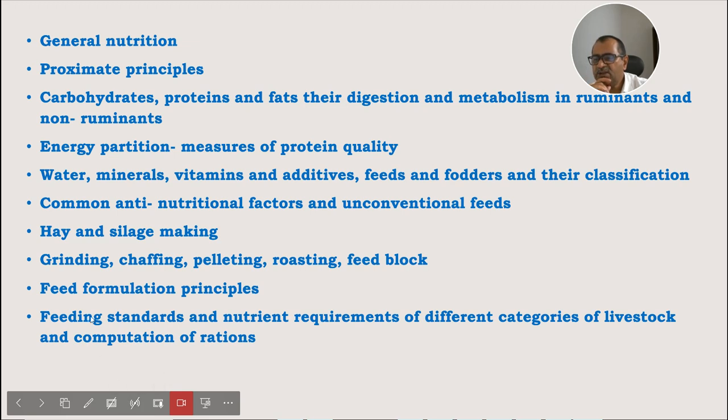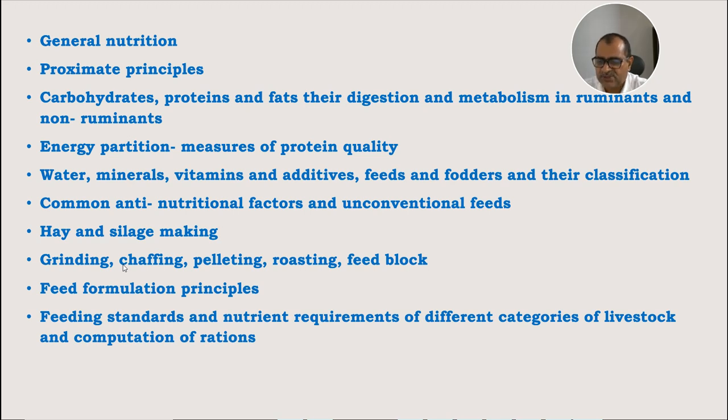Then grinding, chaffing, pelleting, roasting, then feed blocks, how to prepare all these feed blocks as per the nutritional standards. Then the feed formulation principles, how to prepare a feed for cattle, sheep, goat, pig, poultry, etc. Apart from this, there is another chapter called feeding standards.